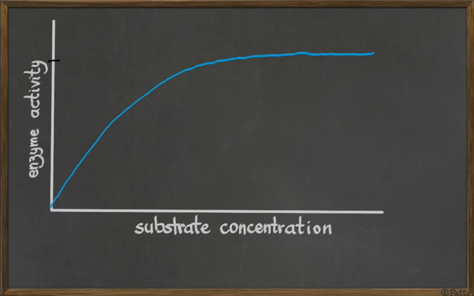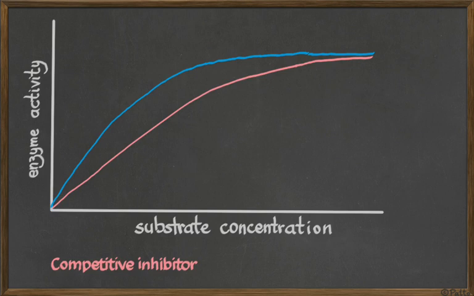Now, what happens if you have different kinds of inhibition? For example, with a competitive inhibitor, the more substrate you have in relation to the inhibitor, the more reaction you end up having.